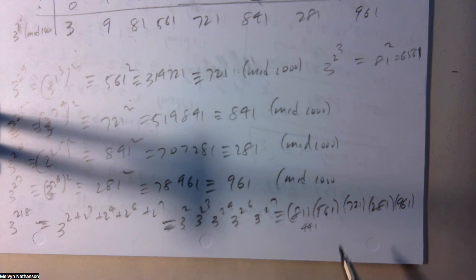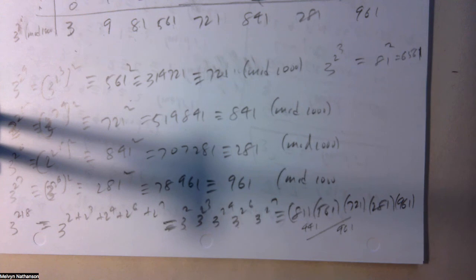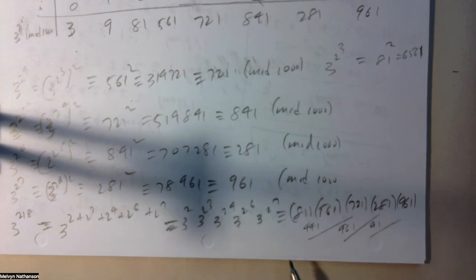And I get a number which modulo 1000 is 961. If I take 961 and multiply it by 281, I get a number which modulo 1000 is 41. And 41 times 961 gives me a number which I don't like. So I'm going to double check this.